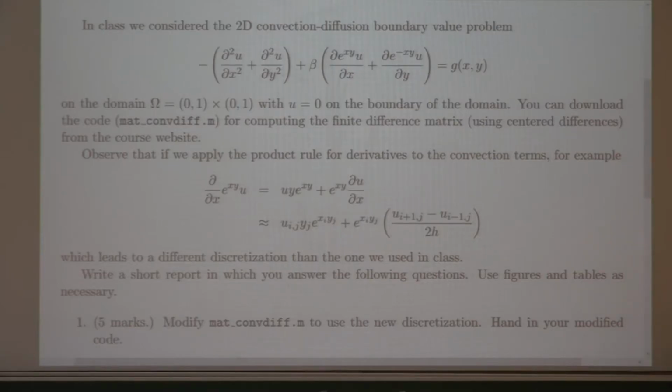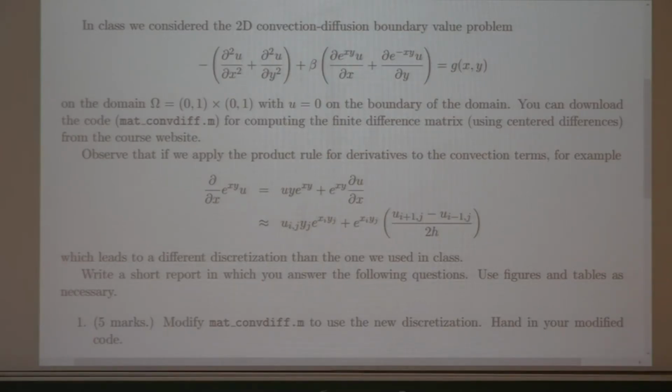And on the course website, there's also this matconvdiff.m that you can use to generate the matrix corresponding to the finite difference, using standard differences discretization of this convection diffusion equation. Just the matrix corresponding to the left-hand side.